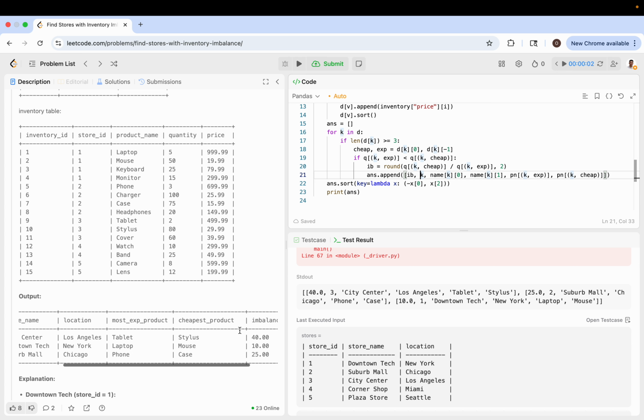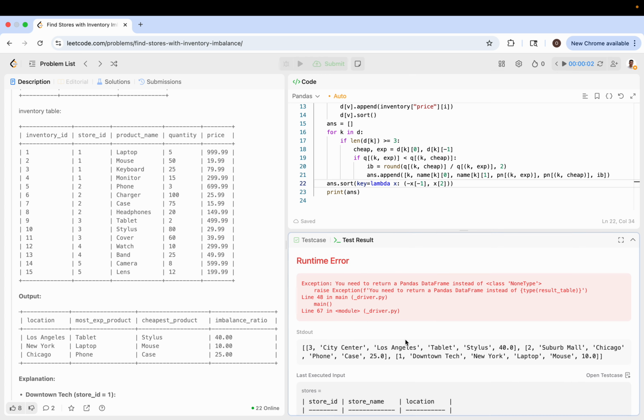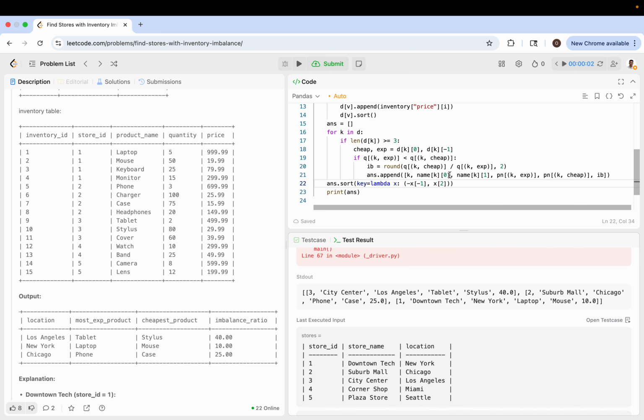So I still don't understand why it's not sorting like this. Three, two, one.